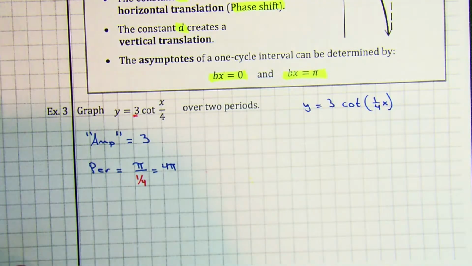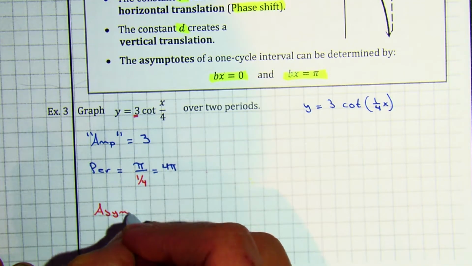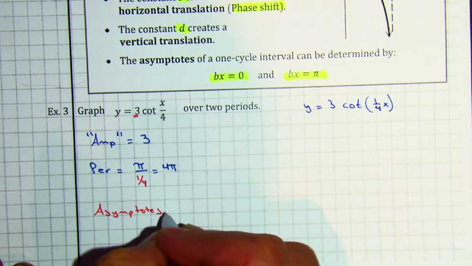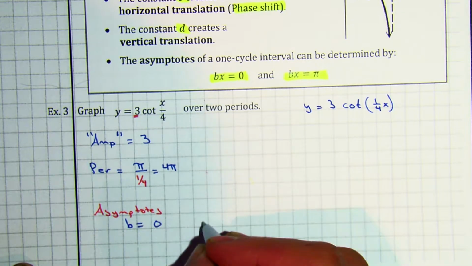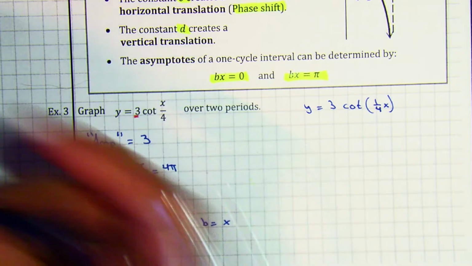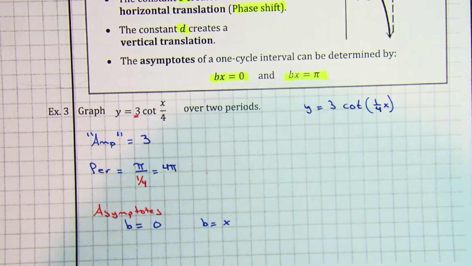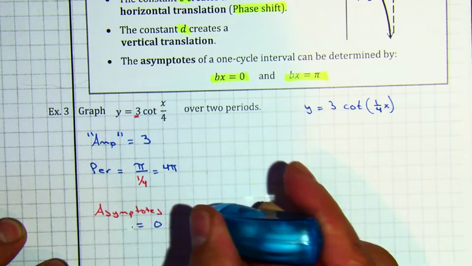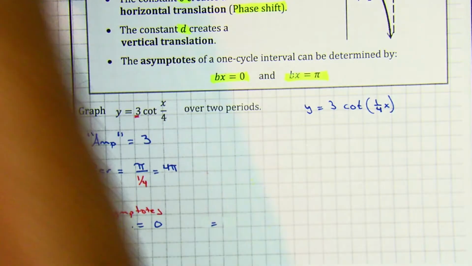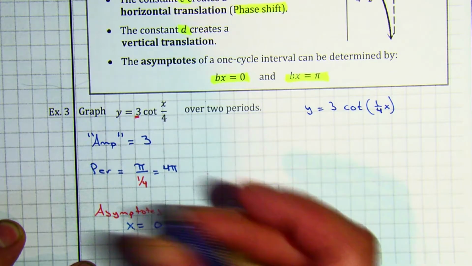Next, I need to be able to find my asymptotes. We set bx equal to 0 and bx equal to pi, so x equal to 0 and x equal to pi with my b on the front.